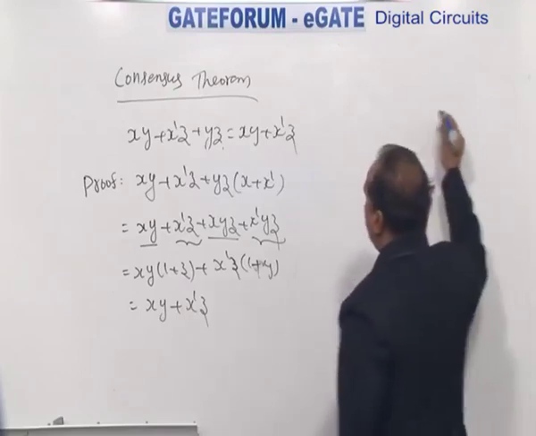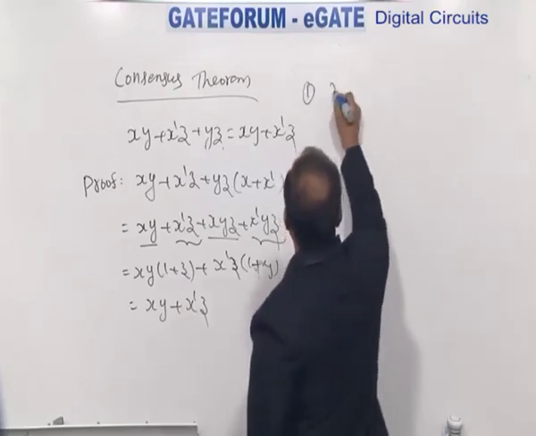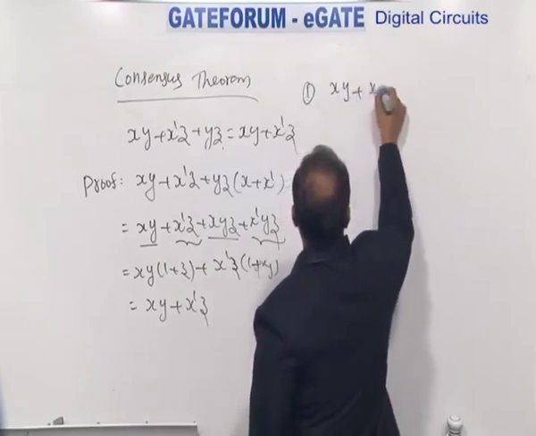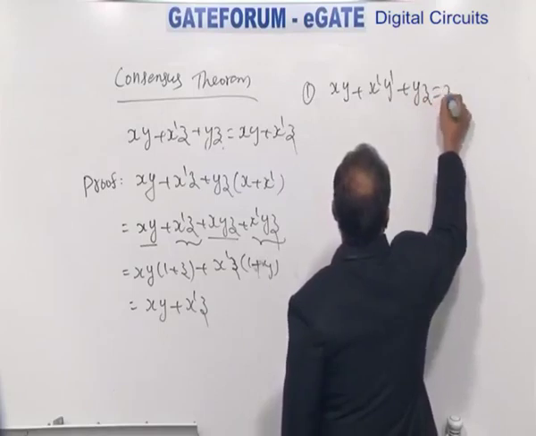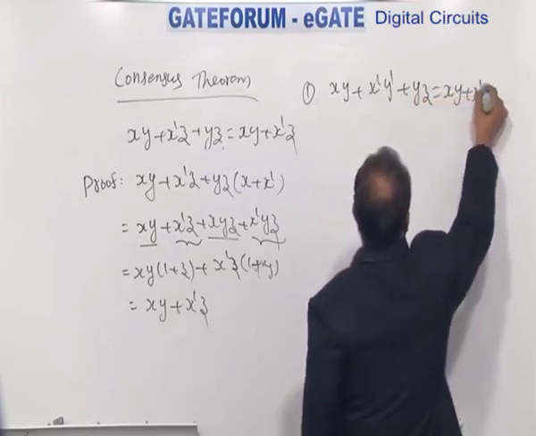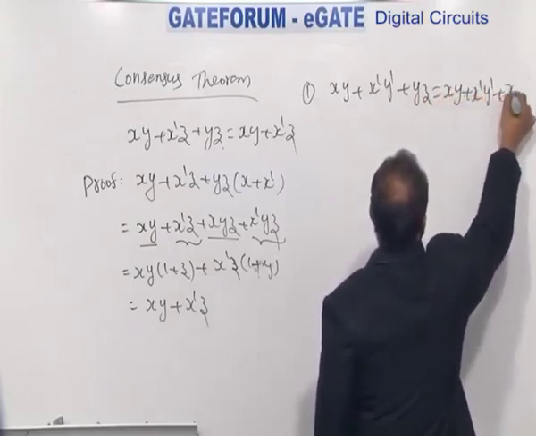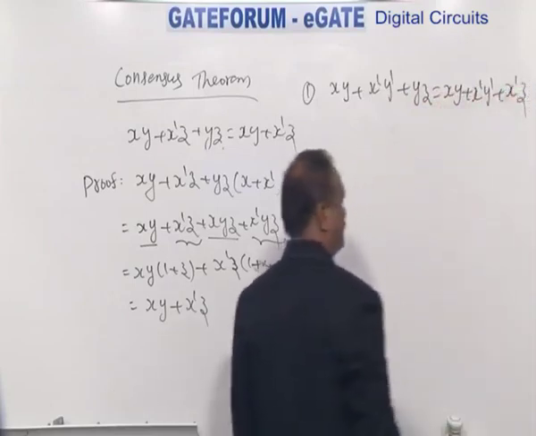Now let us solve some problems on consensus theorem. xy plus x bar y bar plus yz is equal to xy plus x bar y bar plus x bar z.